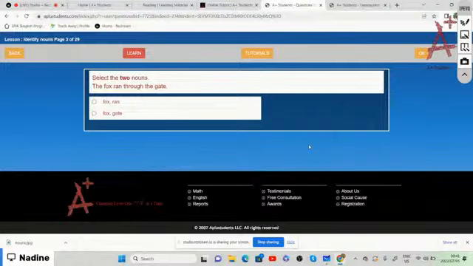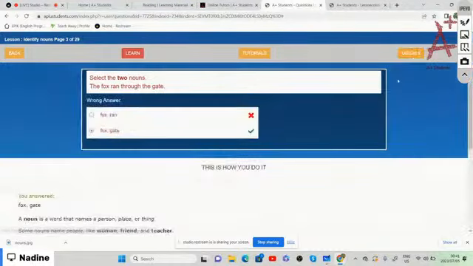Option one, which is fox and ran, or option two, fox and gate. All right, let's do this quickly. Let's choose option one. So option one is incorrect, eh? Because ran is an action, right? So ran is an action that you do, right? So if you selected option two, fox and gate, then that is correct. Those are two nouns, right?